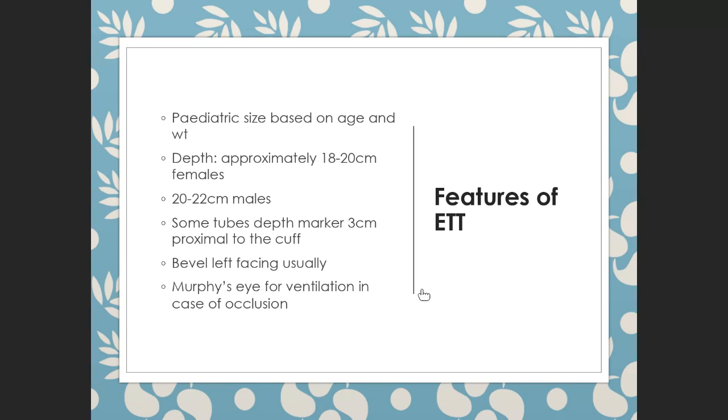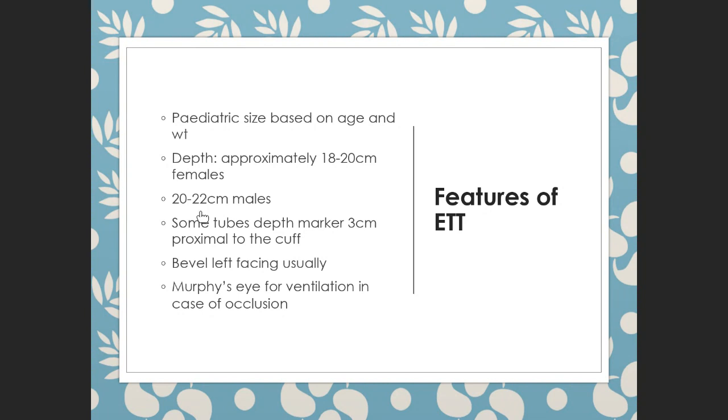You can have pediatric sized tubes naturally, of course, and that's based on age and weight. And the markings on the tube are usually, and we'll get back to the tube, 18 to 20 centimeters for women. I would say 20 to maybe about 25, 26 on very tall men.